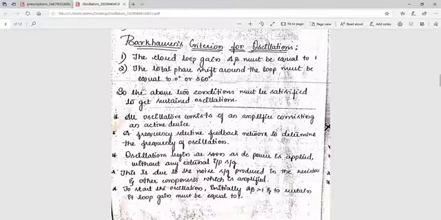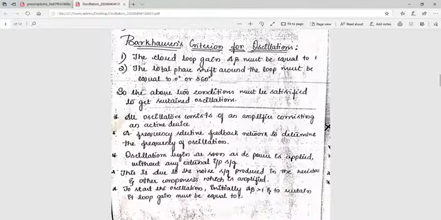The first point is the closed loop gain, which is given by A into beta, A standing for the gain of the amplifier and beta being the feedback factor. The product of this, the closed loop gain A into beta, must be equal to 1. Clear?